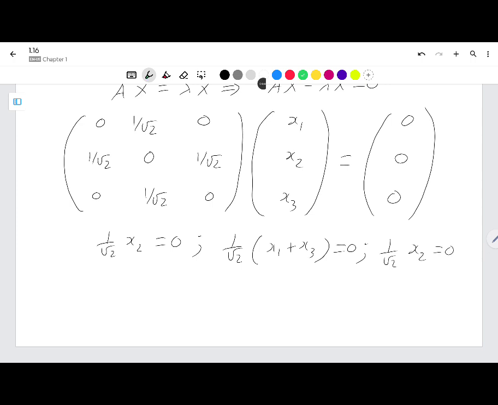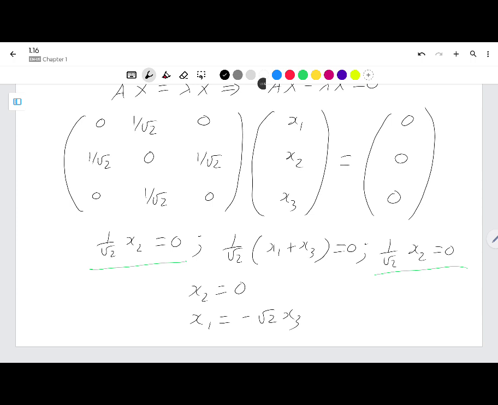So you can say that x2 is equal to 0. And there is a certain relation between x1 and x3.